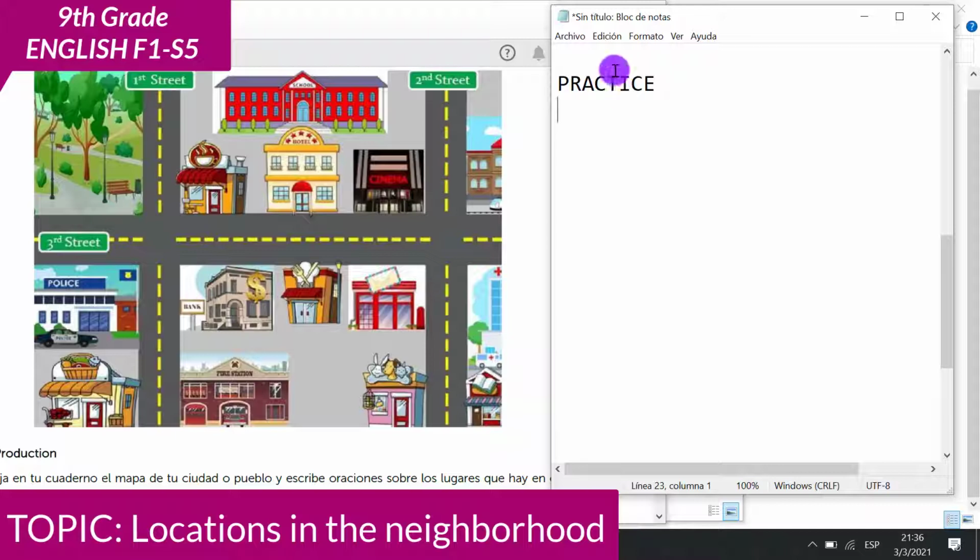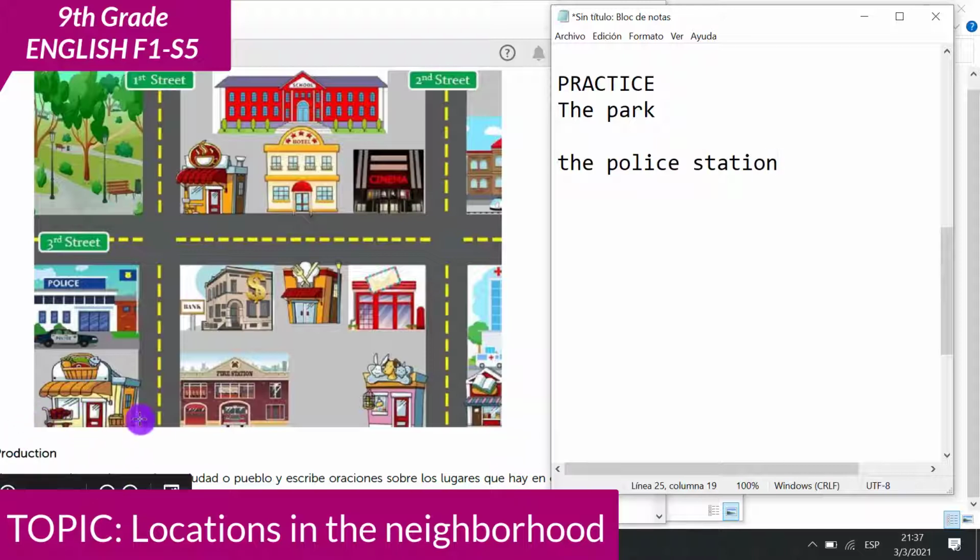I can see, for example, here, the park. Let's write the park. Okay, any other place that you can see? Here, the police station. Any other places? The cafeteria, the fire station, the bank.